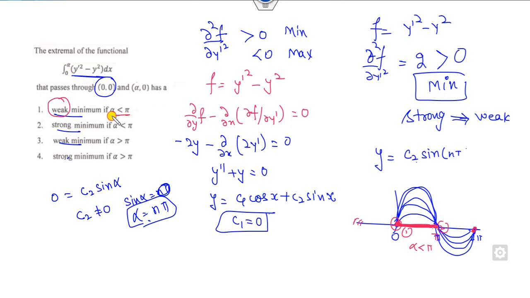So whenever there is the weak condition, we only need 1 breaking point. If I consider alpha greater than pi, then there are 2 breaking points, one here, second this. But for the weak we need one breaking point corresponding to alpha less than pi. So the third and the fourth option cancel.